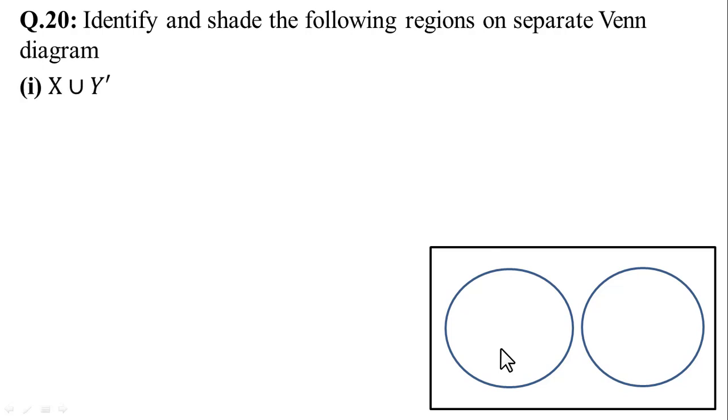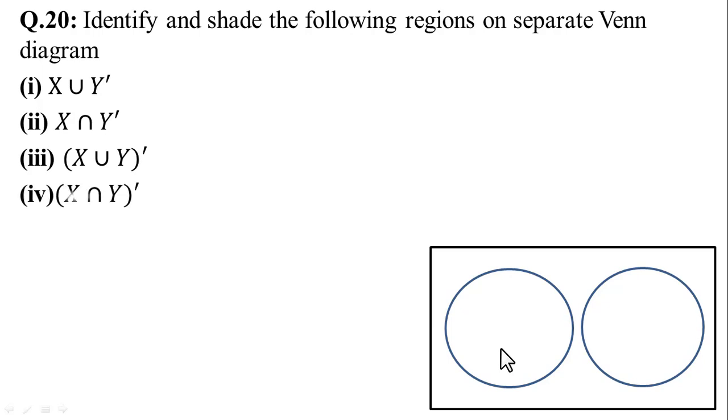Here also some parts are given and according to their condition we can shade different colors for different diagrams. In the given diagram we can see that this is a disjoint set, both are disjoint, no element in common in both sets. So according to the condition we can shade the region.